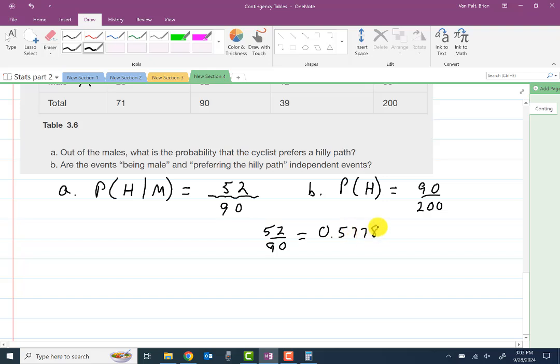And 90 out of 200, I know what that is, equals 0.45. So these aren't the same. So since we have the probability of H/M does not equal the probability of just H, the events are not independent.